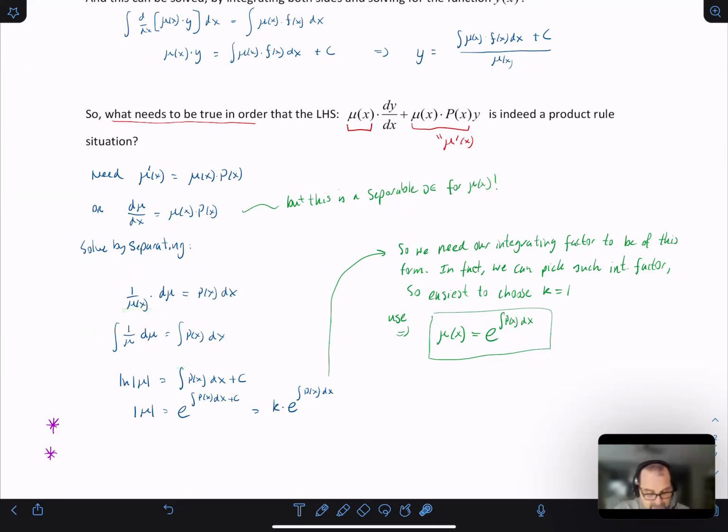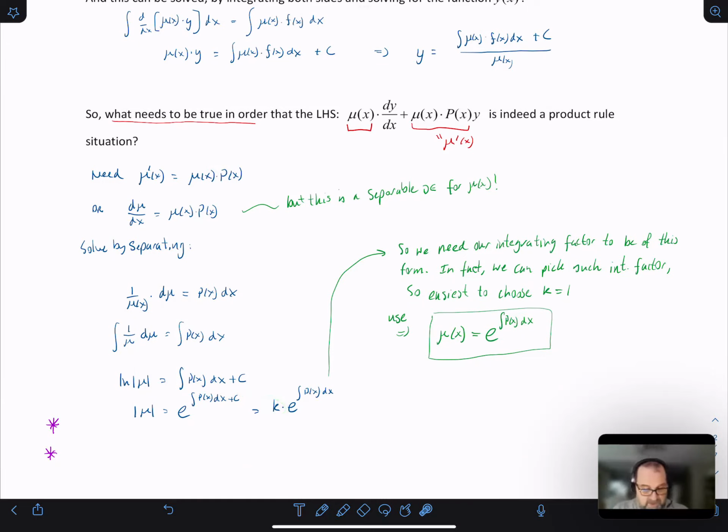We end up getting that ln of the absolute value of mu is the antiderivative of p of x dx plus a constant. So we can solve this for mu by taking e on both sides. The plus c is like saying e to the c, so we can move that in front as a k, and this is basically what we get.